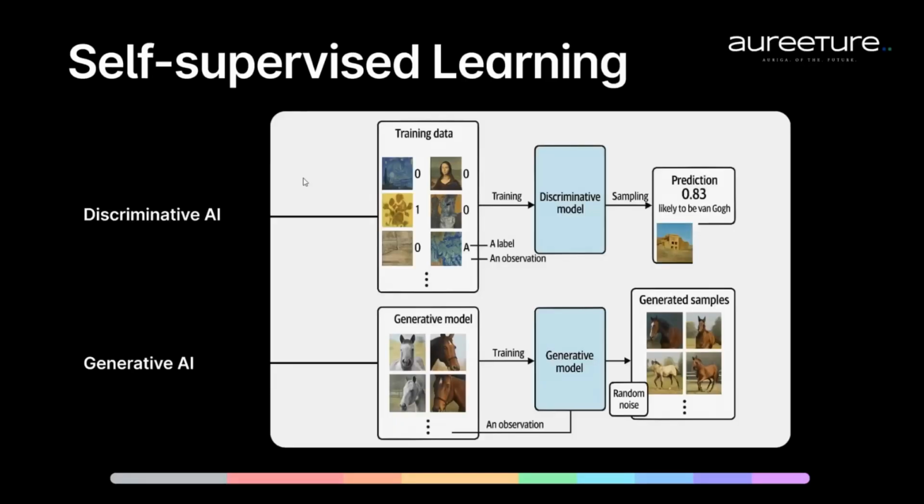Guys, there is another example of self supervised learning, as we have discriminative AI and generative AI. In the case of discriminative AI, there's training data, and the image is labeled either as 1 or as 0. If the label is 1, then the particular sample is correct, and if the output is 0, then the prediction value is converted into 0.